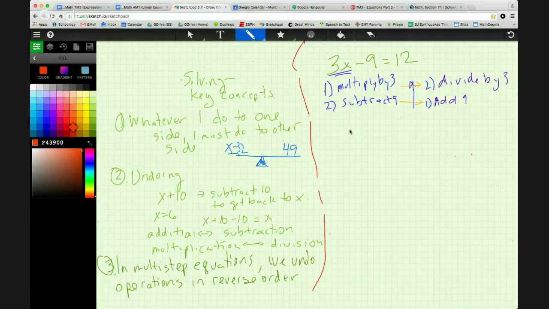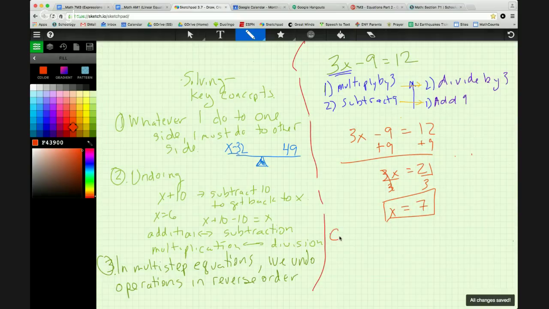So, 3x minus 9 equals 12. We're going to undo in opposite order, so we're going to add 9. 3x equals 21. And now we're going to divide by 3. Kind of neat how that works out. 3x divided by 3 is just x. 21 divided by 3 is 7.